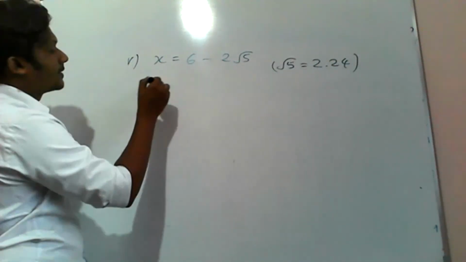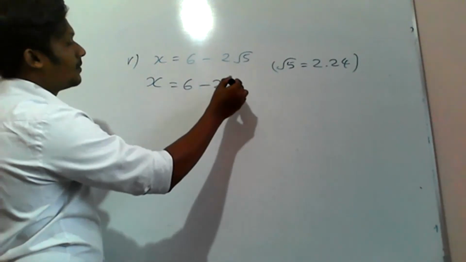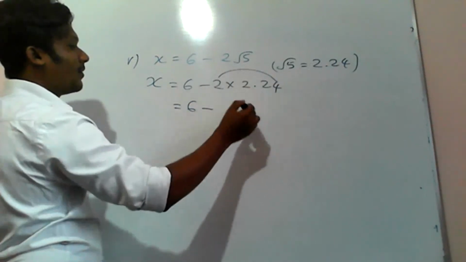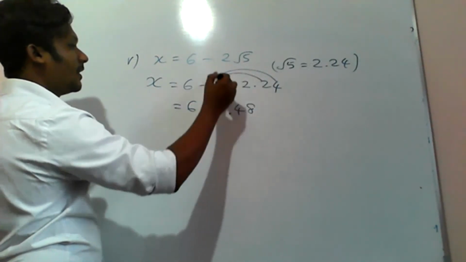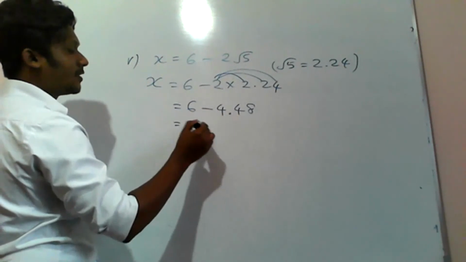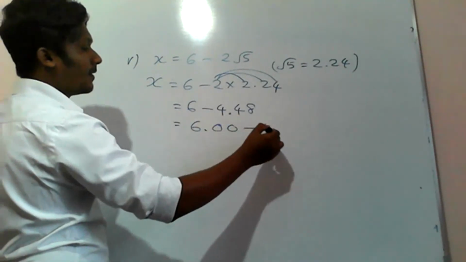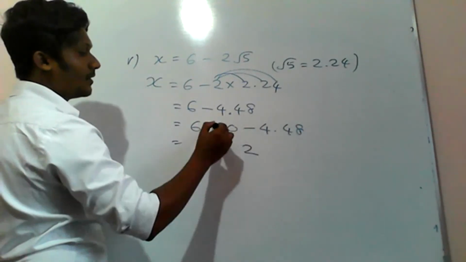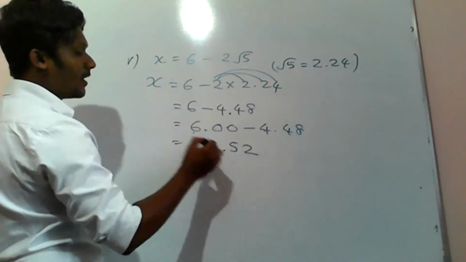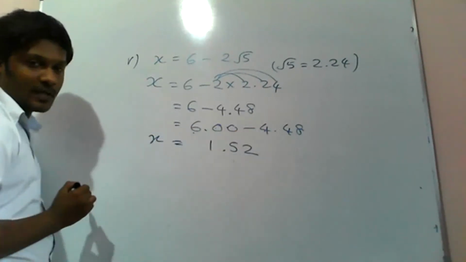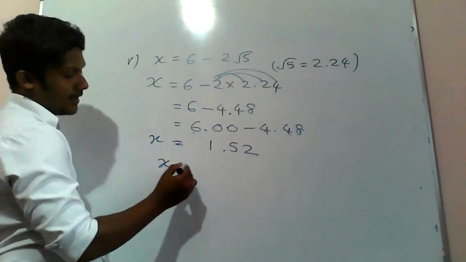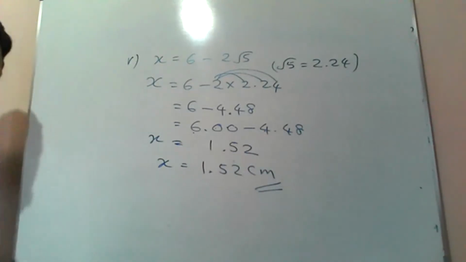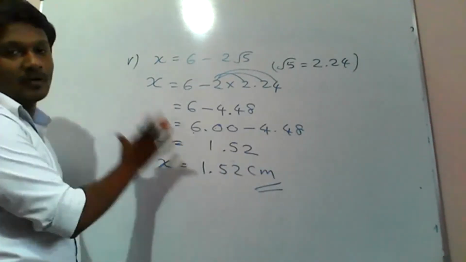Next we find the value for x. x equals 6 minus 2 multiplied by 2.24. 2 times 4 is 8, 2 times 2 is 4, so 4.48. Right, 6 means 6.00 minus 4.48. Subtract: x equals 1.52. But this is not the complete answer. Write it with the unit: 1.52 centimeters. Okay, this is the value for x.